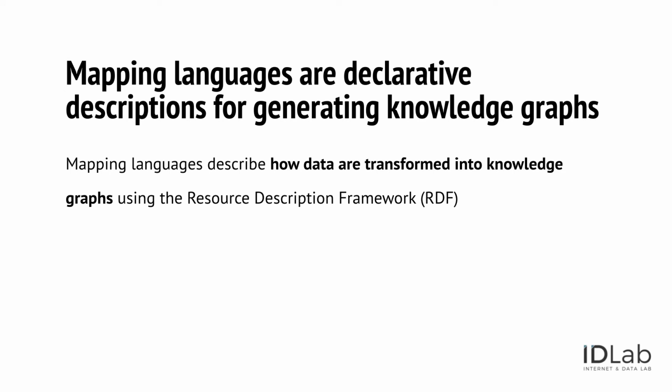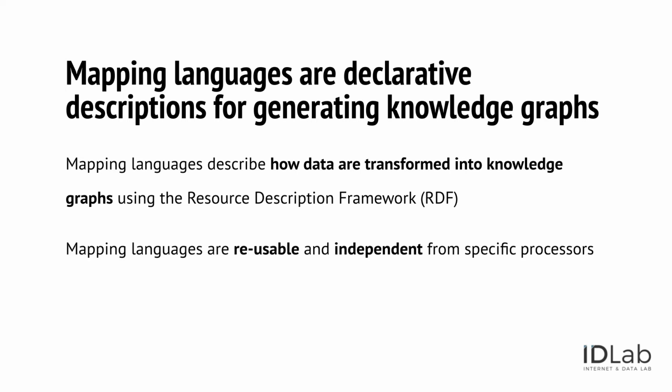Mapping languages are a declarative description for generating knowledge graphs. They define how data are transformed into knowledge graphs, such as the Resource Description Framework, or RDF. Mapping languages are reusable and independent, as the same set of mapping rules can be used in different processors to generate the same knowledge graph.